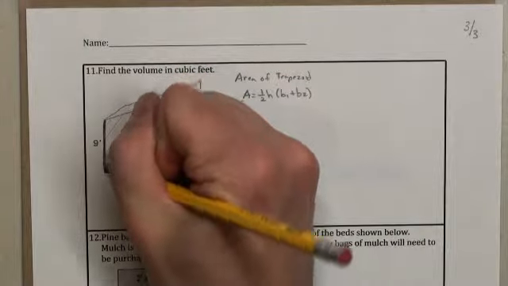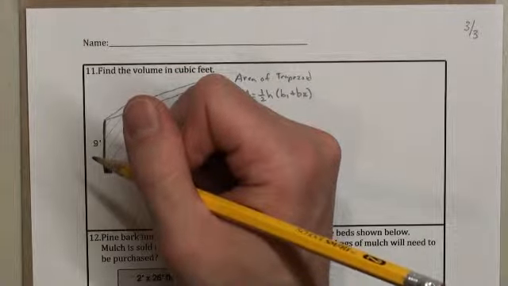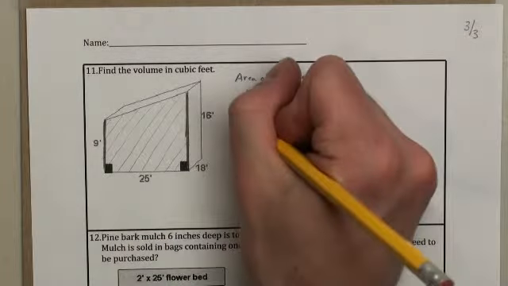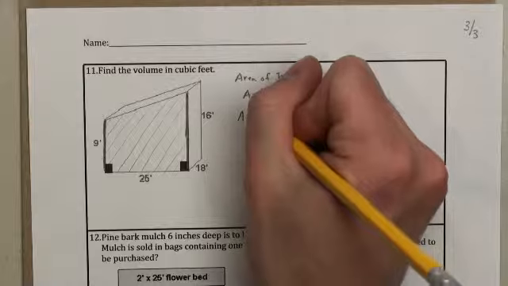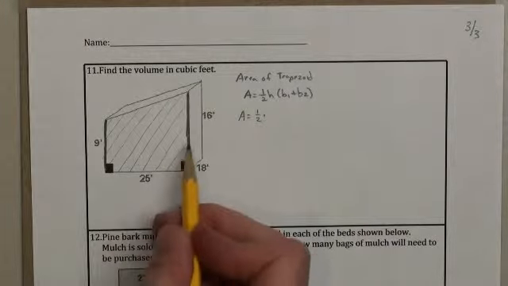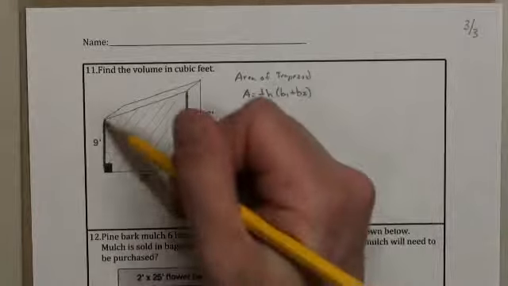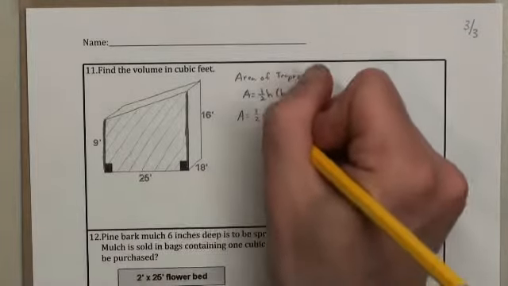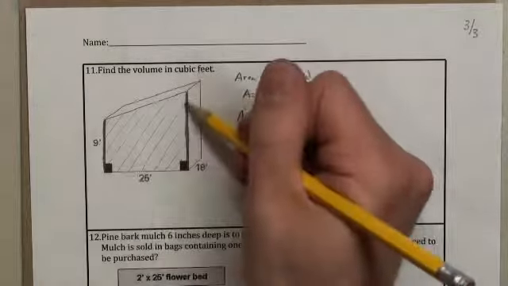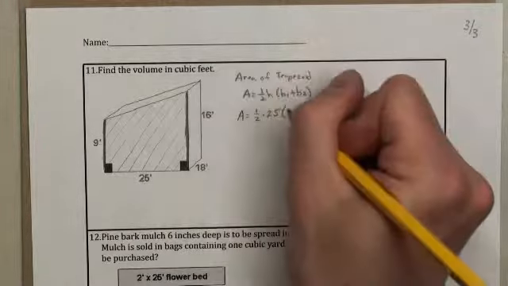Okay? So let's see how to work this out. Area equals 1/2 times, now the height is the distance between the two bases. So 25 times 9 plus, this height is the same as this height, 9 plus 16.